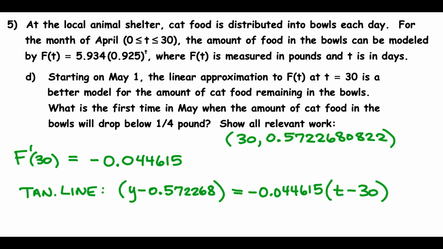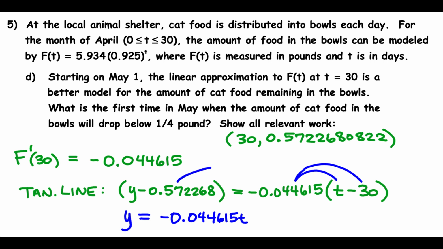All right, I'll save you some of the agony of the details. You're going to have y equals negative 0.044615 t, and negative times negative is going to be positive, and you're also going to add a 0.572268 to the right-hand side. That's going to be 1.910715.